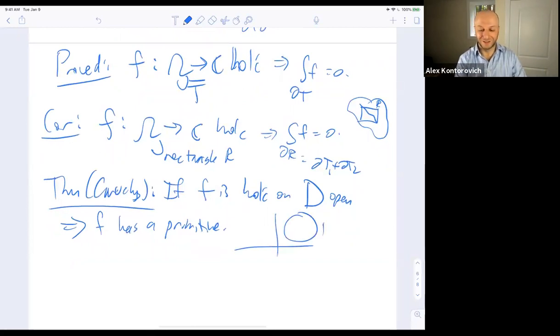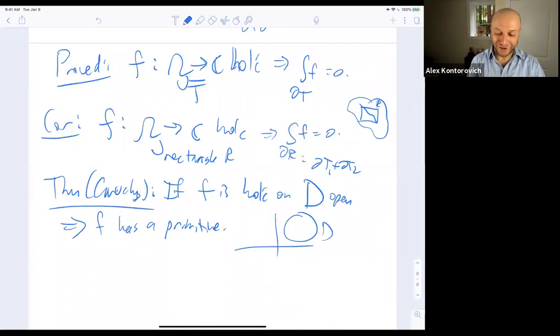This is D. Then f has a primitive. Being holomorphic on a disk means you have an antiderivative. This should be somewhat surprising.